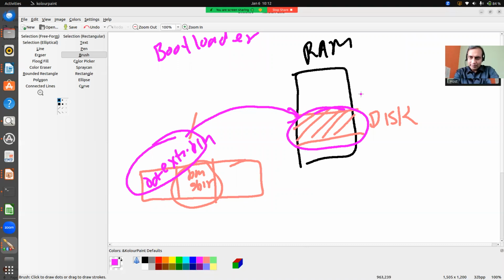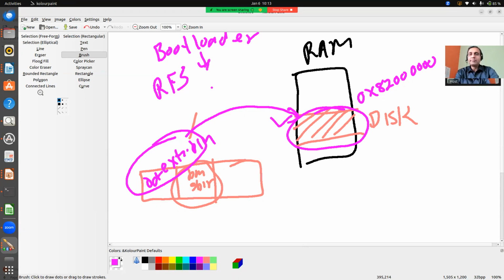Let's say, for example, the address of the location where the RAM disk is loaded is 8200 followed by 4 zeros. Now the bootloader passes an argument to the kernel, telling it that your root file system, your RFS, is on RAM.